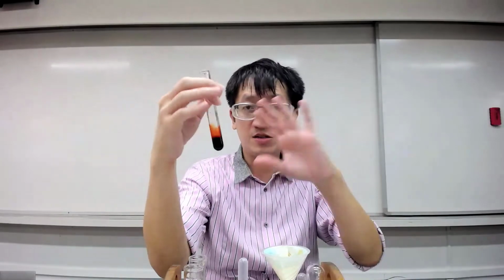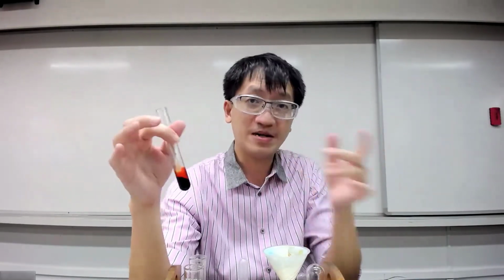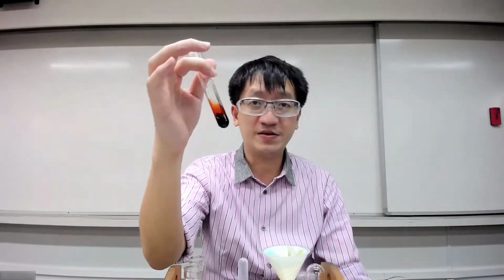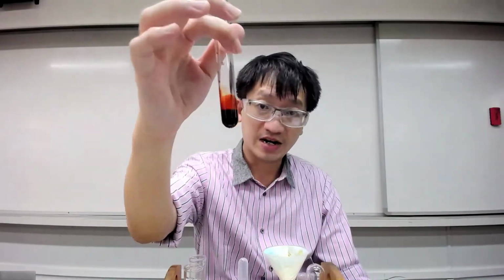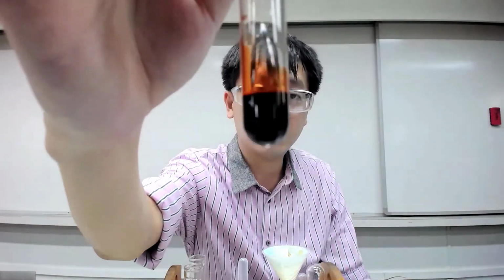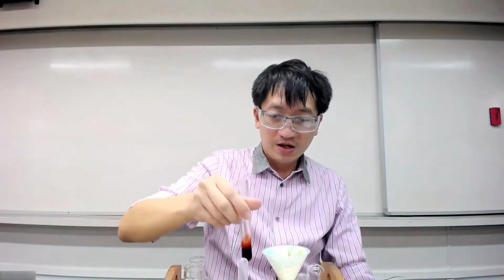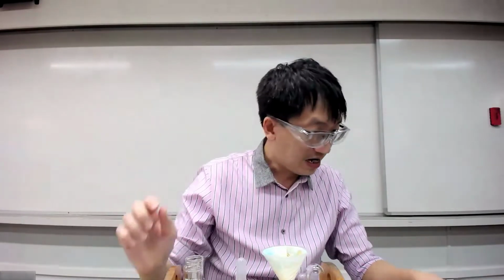Of course, the theory, the reasoning, you're going to learn under transition metal chemistry, so we're not going to go into details, but this is a characteristic test for iron 3. So just take note of it: the blood red coloration. Let you check it out again. It's a characteristic blood red. Right, so I think we have enough solution.